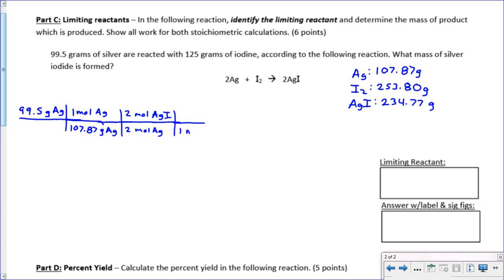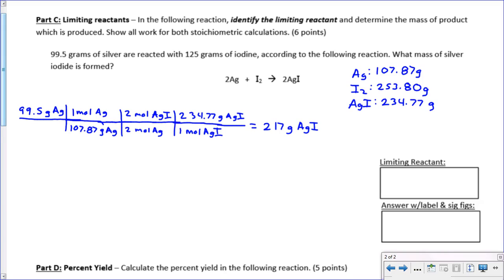We know for every 1 mole of AgI it is 234.77 grams of AgI. If you calculate that, you should get 217 grams of AgI. That is rounded to 3 sig figs.